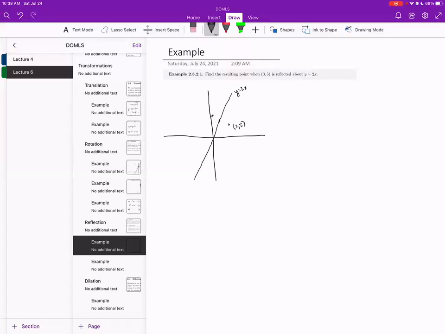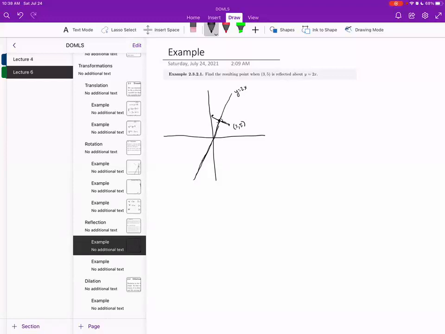The way that we do this is, remember that the shortest distance from a point to a line is the perpendicular distance. So this distance is going to be perpendicular. If the line between these two points is perpendicular to the original line, y equals 2x, we can find the equation for this line and then use that equation to figure out what this point is.